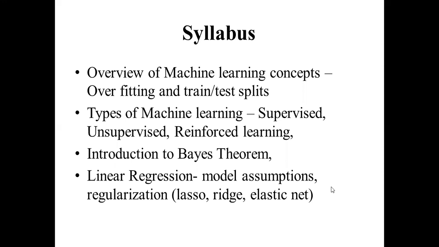Again, there are three techniques: lasso, ridge, and elastic net. So let us start with the introduction. These seem to be four points, but the types of machine learning are the main point we are going to learn here: what is meant by supervised learning, unsupervised learning, and reinforced learning.